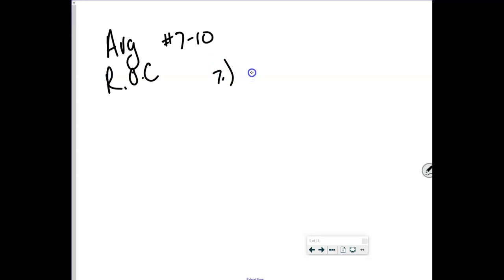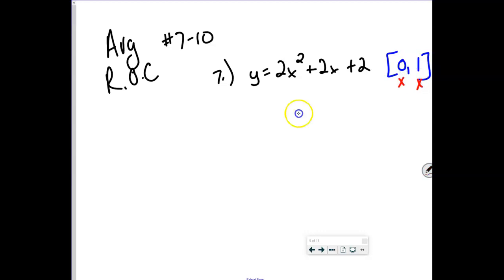They give you a function. And then it gives you an interval from 0 to 1. This is an x, it's like a domain interval. So they want to know the rate of change from x equals 0 to x equals 1. So what y'all need to do for me is you need to figure out your ordered pairs when x equals 0 and when x equals 1. So that's just a matter of you plugging them in.